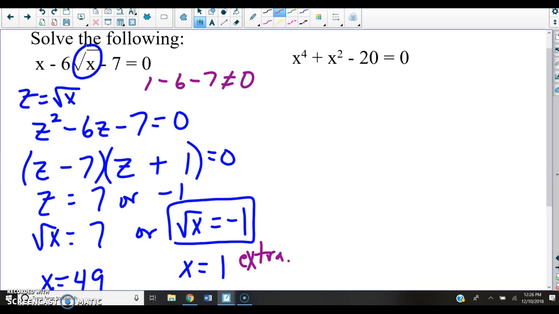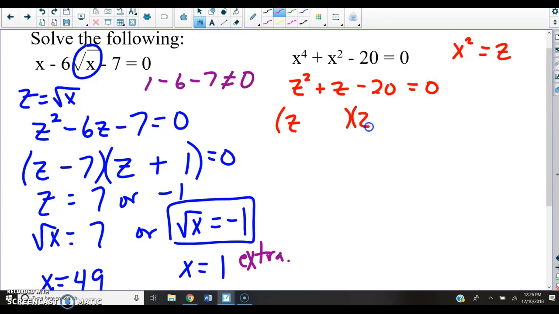Okay? The second example, my x squared is going to change to a z. So this would be z squared plus z minus 20 equals 0. So that's going to factor into z and z, 4 and 5, because they differ by 1. The bigger one's positive. So my z will equal 4 or negative 5.